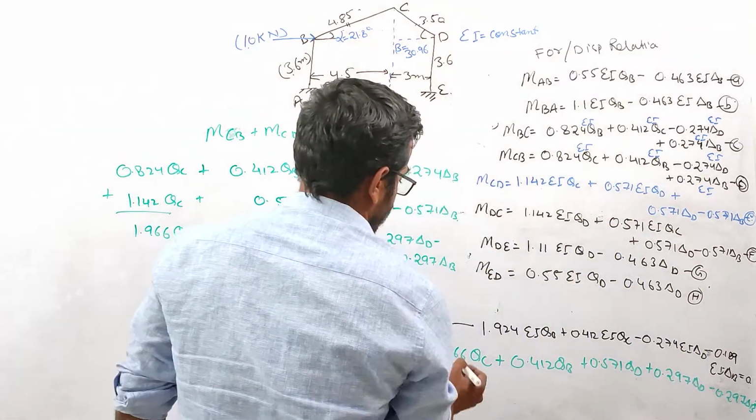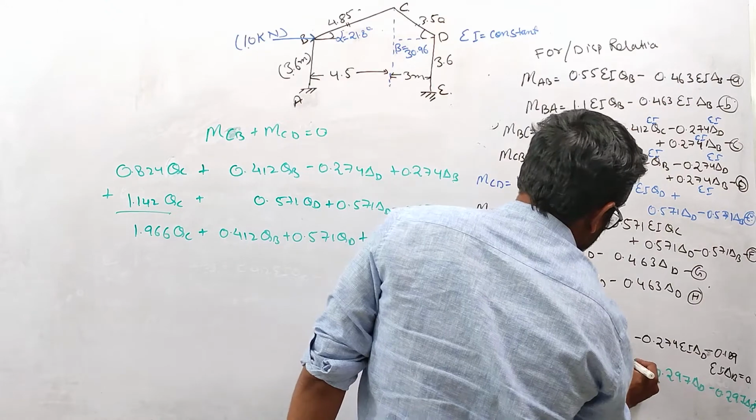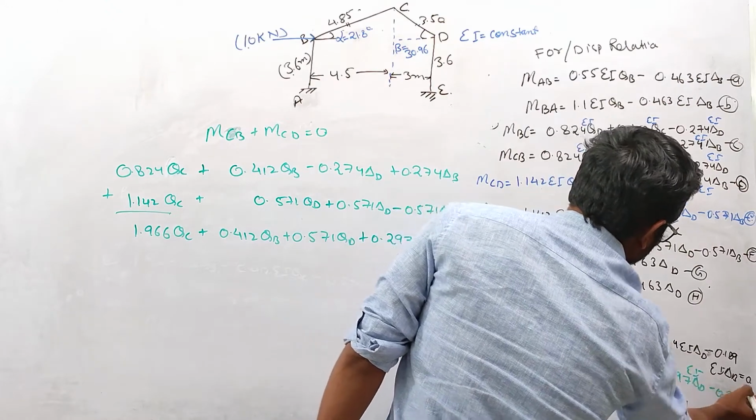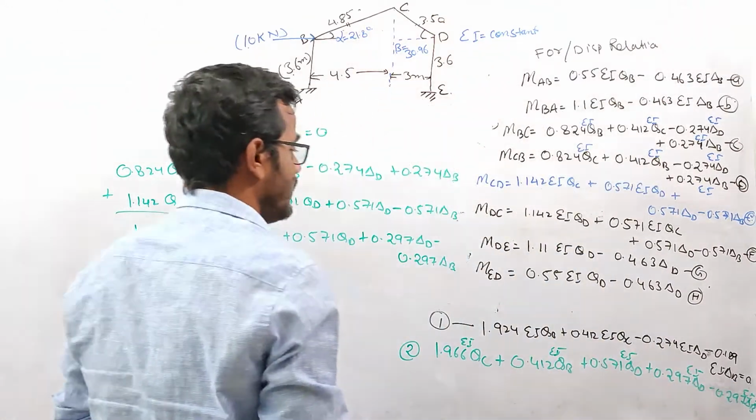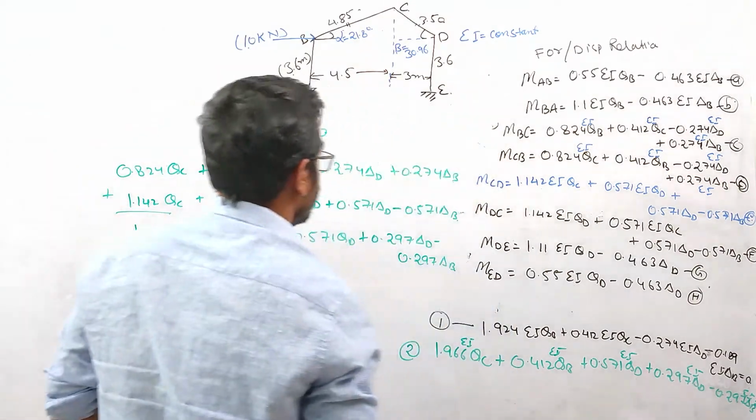EI will be there. So this is equation number 2.